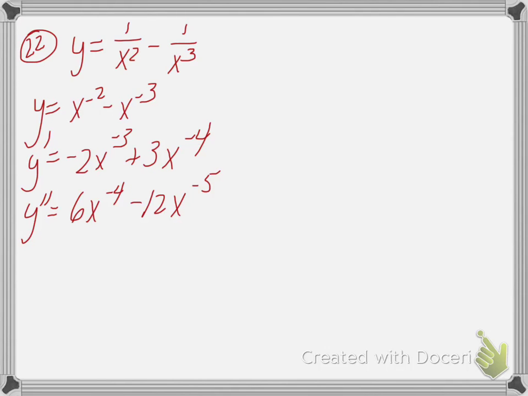And then I'm going to take that second derivative, write it in a nicer form, and set it equal to 0. So I need to solve this, so I'm going to take the negative term and I'm going to bring it over there.